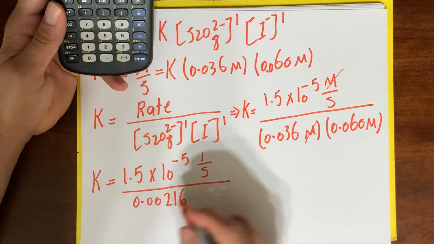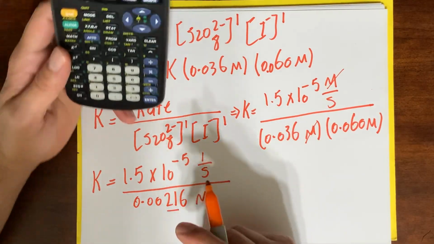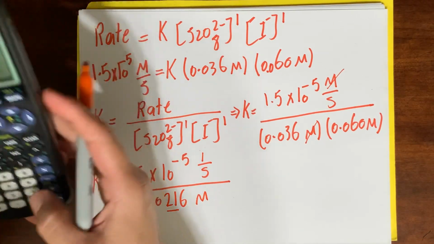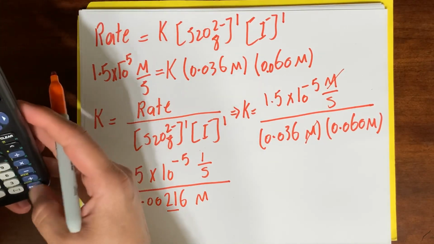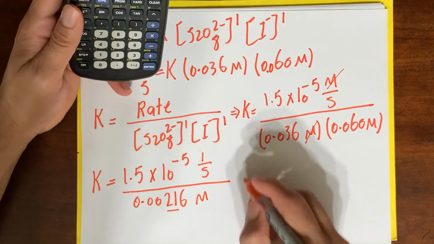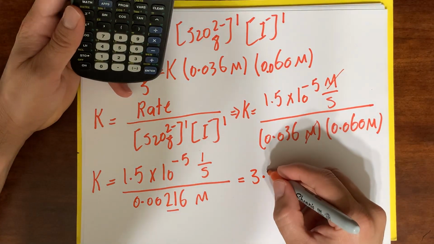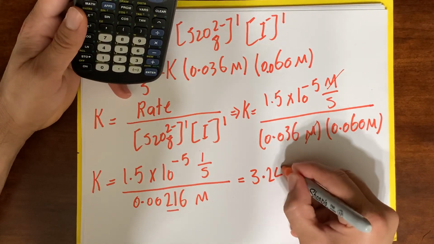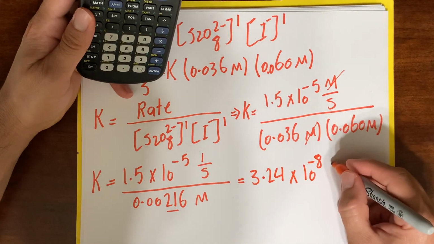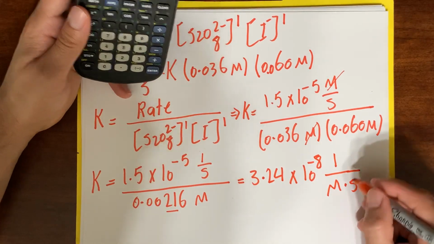Answer is 0.00216. To have 2 sig fig, here 2 sig fig. Unit will be molar. So now you go with 1.5 power of minus 5 divided by 0.00216. I got 3.24 multiply 10 to the power of minus 8. Unit is going to be 1 divided by molar multiply second.